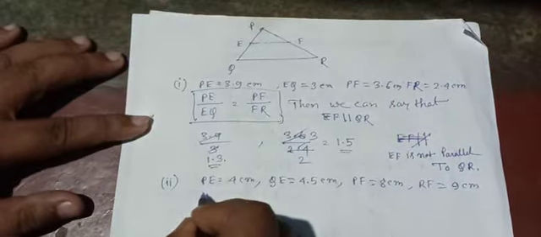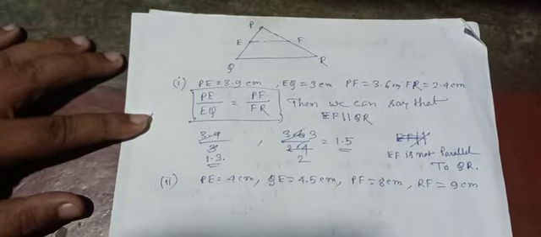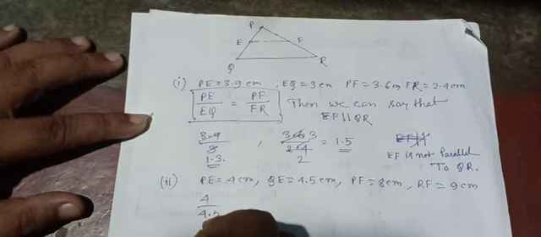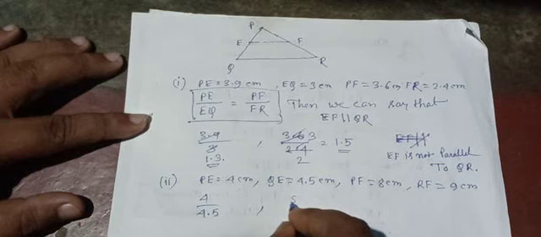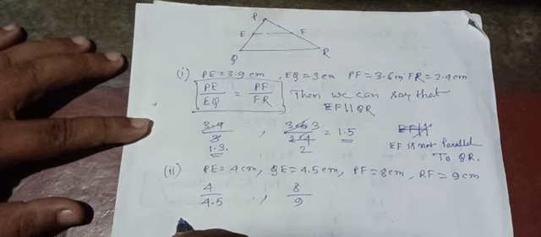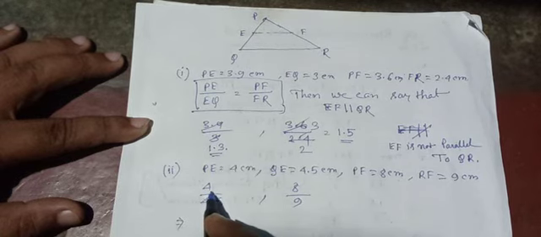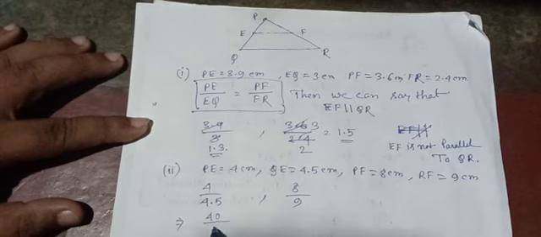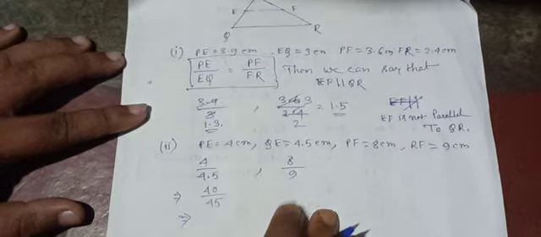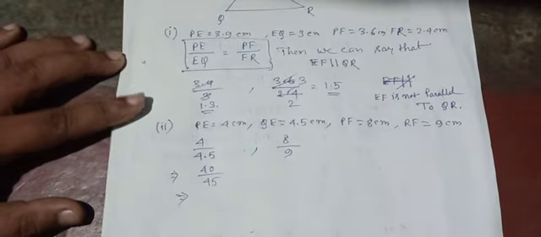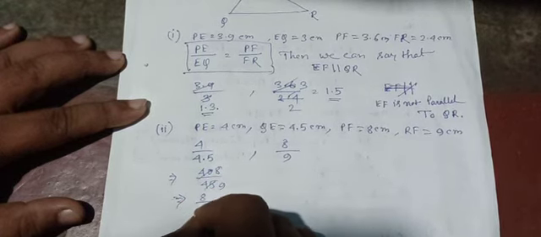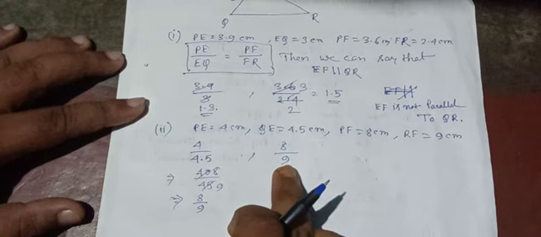So 4 by 4.5, and here 8 by 9. This implies 40 by 45, which equals 8 by 9, and this ratio is also equal to 8 by 9.